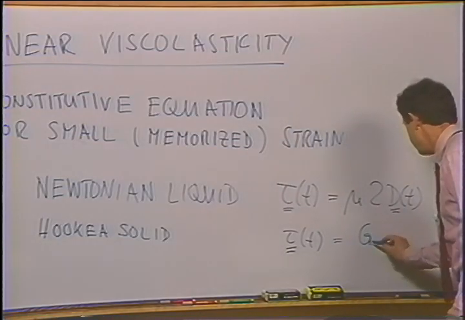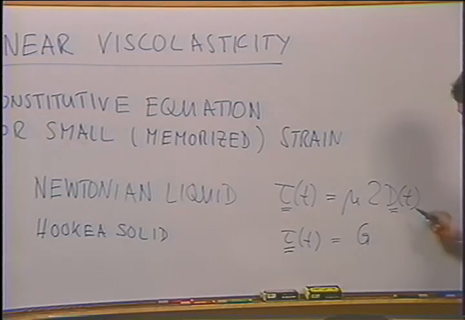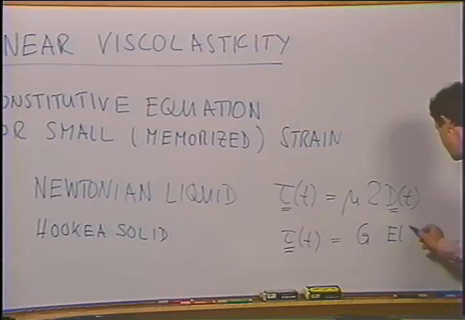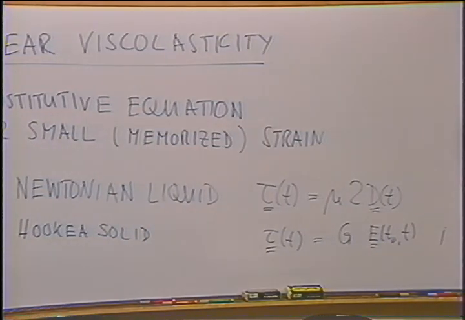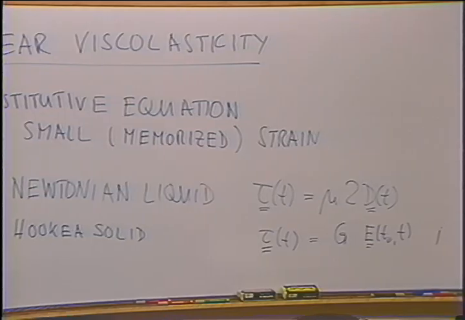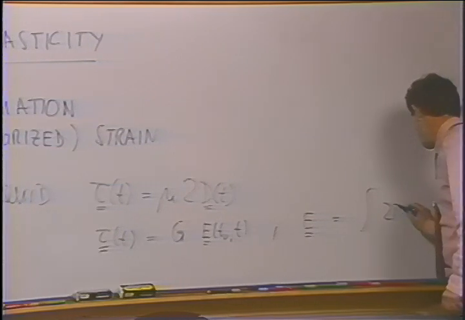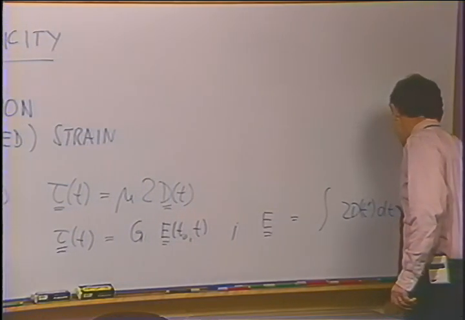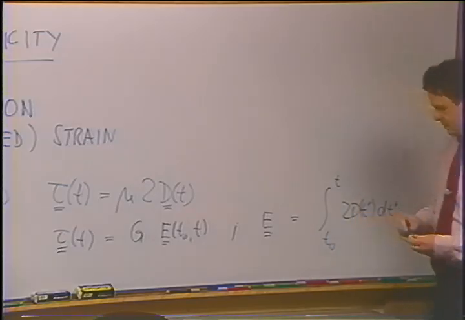The coefficient of proportionality is the constant modulus, and this is multiplied with, say, a strain between some stress-free state and the instantaneous state, and this strain could be defined as an integral over the rate of deformation tensor over the past, from the stress-free state to the current state.